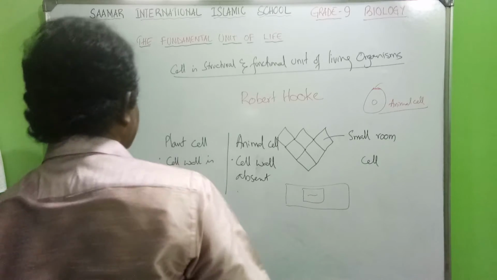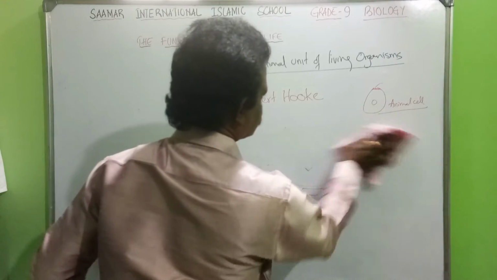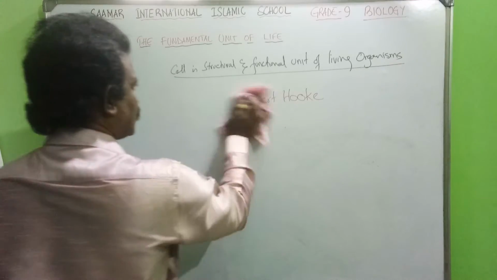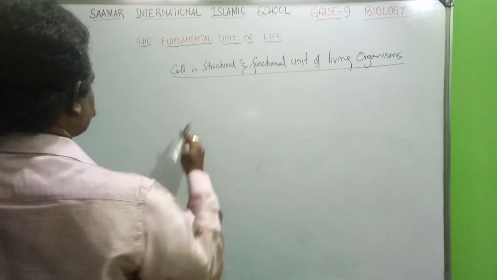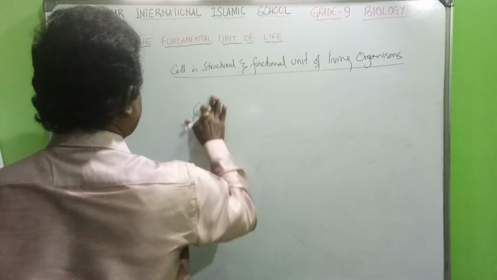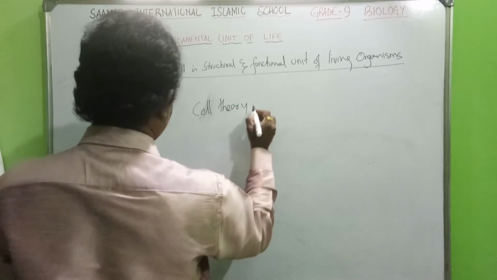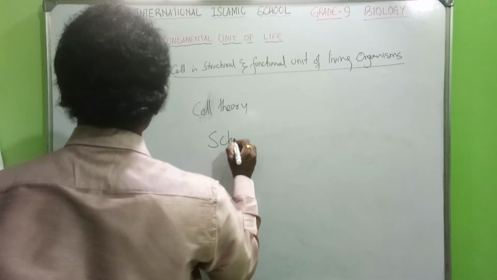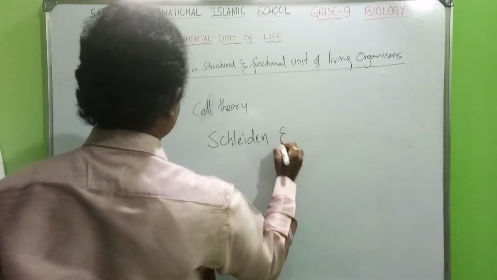Okay. Now, who has given the cell theory? Can you name the scientist who has given the cell theory? Cell theory was put forward by Schleiden and Schwann.